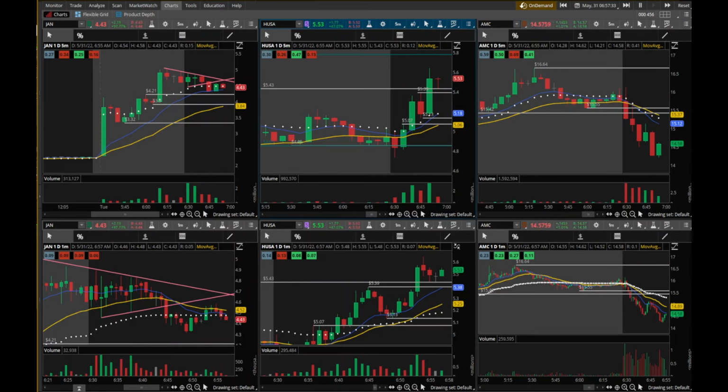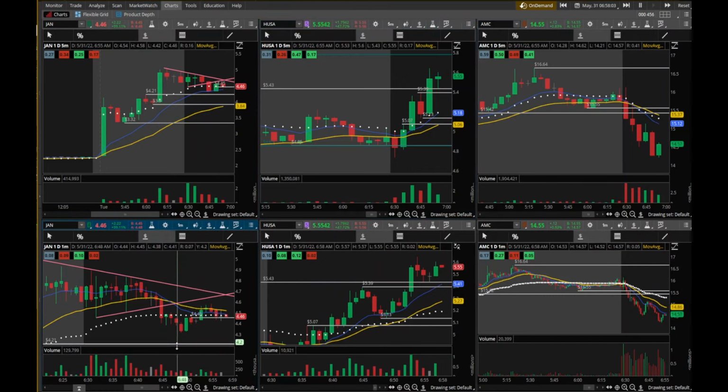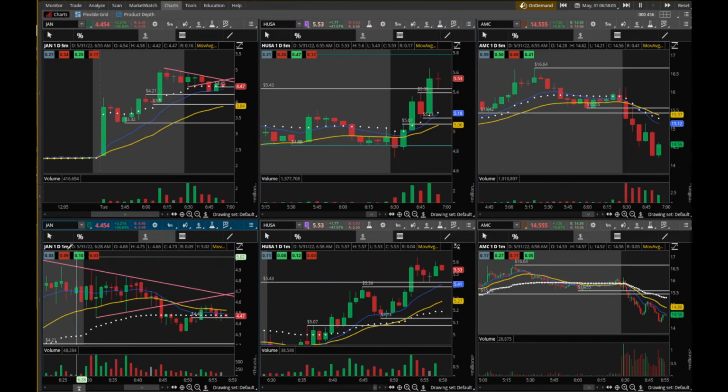This is a strong stock. That 5 minute candle's looking pretty good. Looking like this one might want to take off and go. But I'm not willing to risk $100 right now. I'm just not feeling the mojo. I like JAN here too. You see this support bouncing off of it.